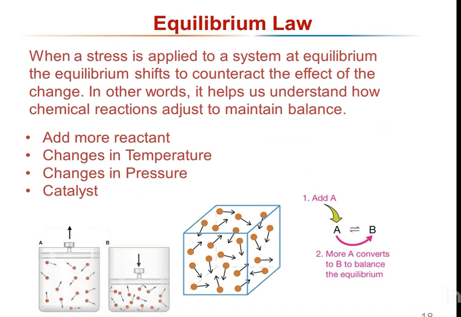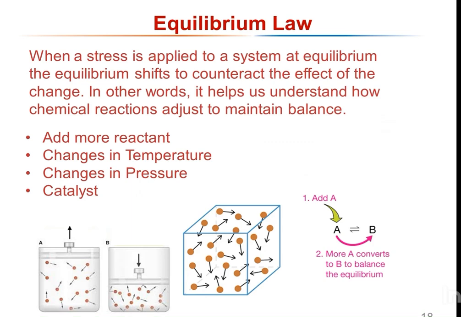If we increase the temperature, it depends on whether the reaction is endothermic or exothermic. Equilibrium can go to the right or can go to the left. And when adding more pressure, the equilibrium goes to have more product.